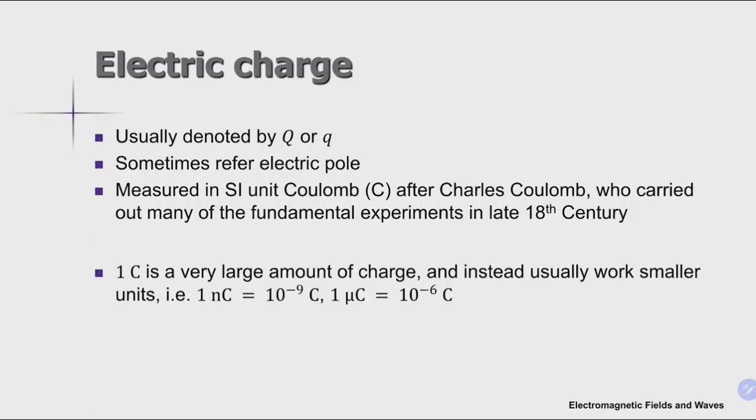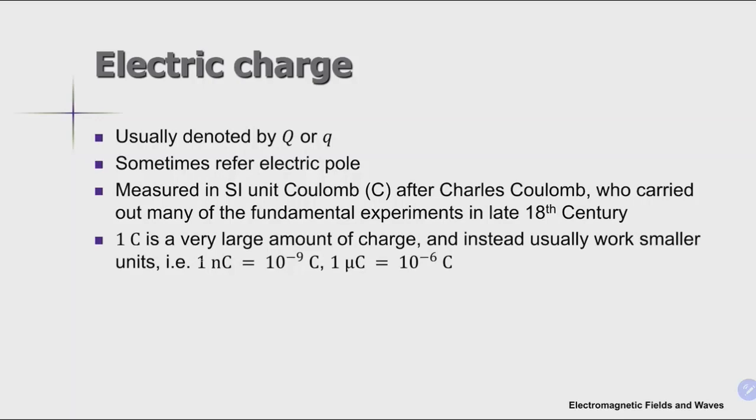One coulomb is a very large amount of charge, so we normally deal with very small charges. We seldom encounter things measured in coulombs. Either we use nanocoulombs, where nano is 10 to the power of -9, or microcoulombs, where micro is 10 to the -6.